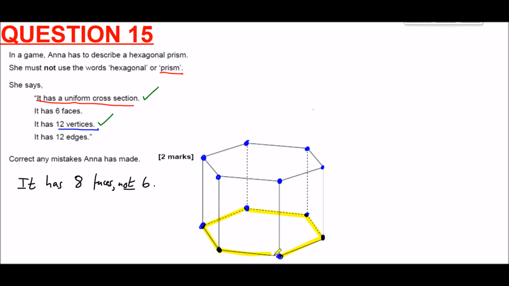There's 6 edges, I apologise, at the bottom. 6 straight lines that join all the corners of the bottom. Let's have a look at the top now. The top it'd be the same as the bottom. There's 6 edges joining each of the vertices at the top together. And finally, there's another 6 edges joining the top to the bottom.